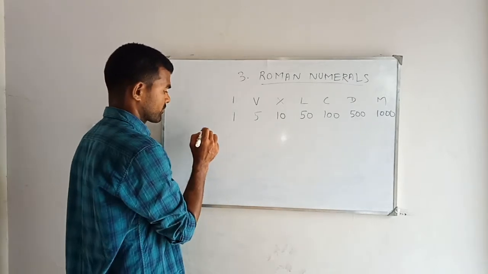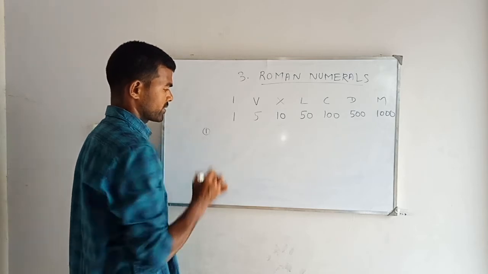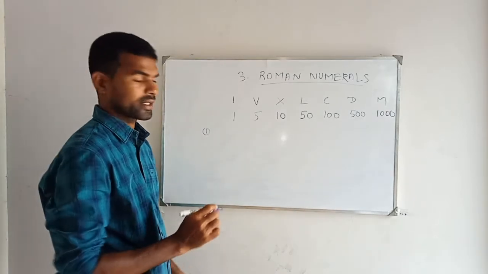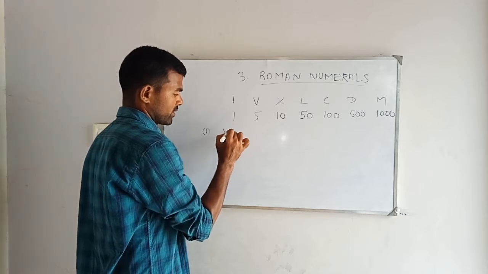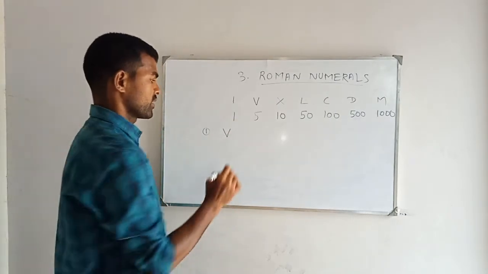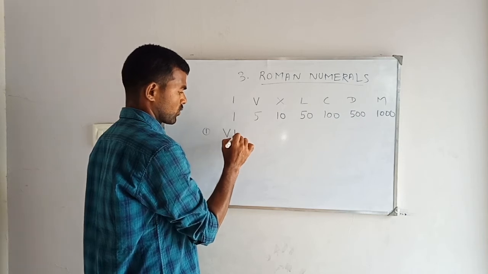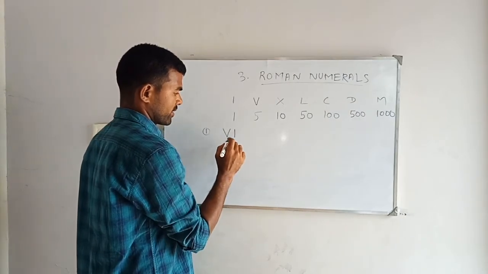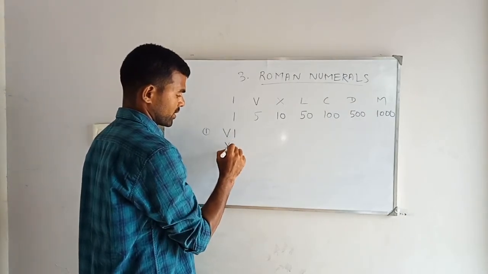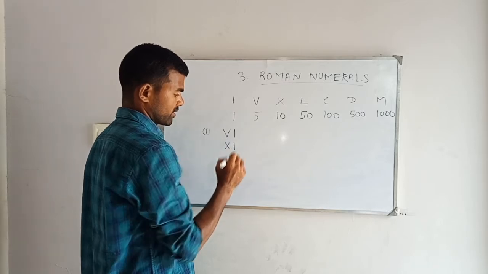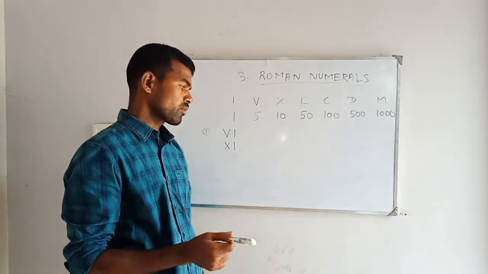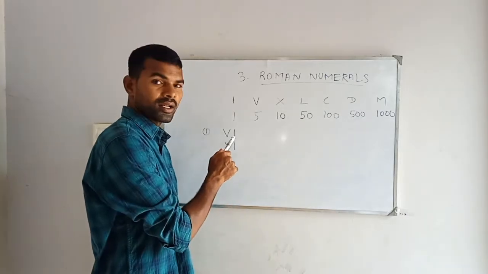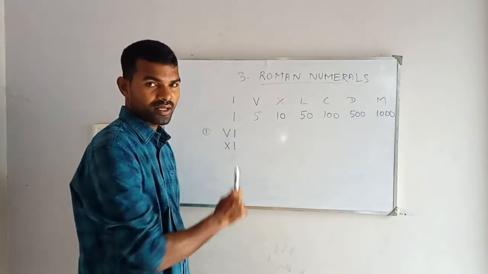Rule number 1: when you write a smaller numeral on the right side of the bigger numeral.